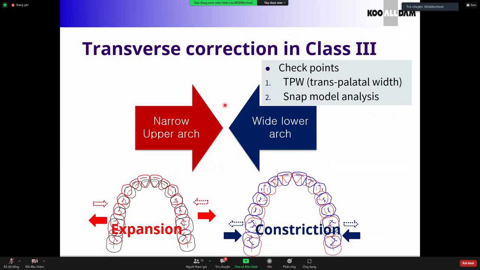And also, in order to treat class 3 malocclusion, we should correct transverse problems. In some cases we can see a narrow upper arch, and we may use an expansion appliance. In some cases there is a widened lower arch and we should constrict it. However, it is not easy.